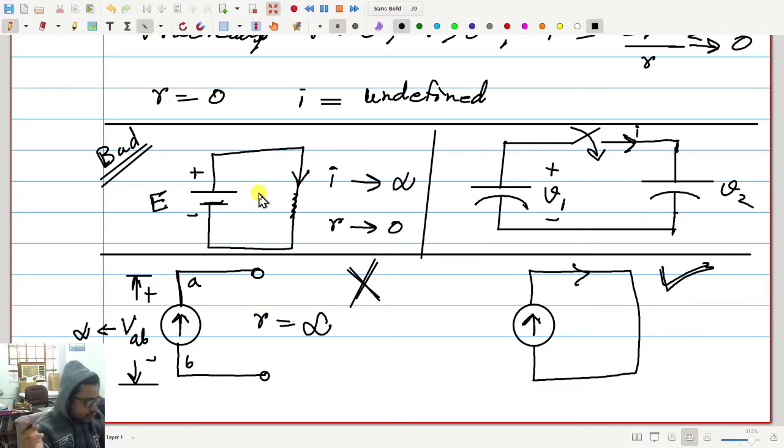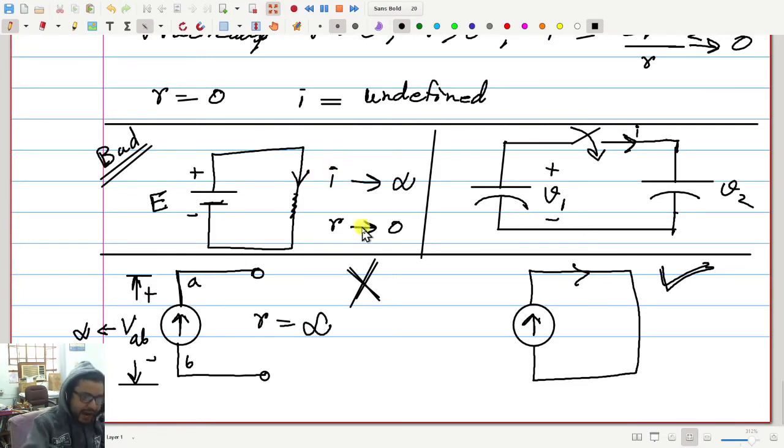But sir, in this case the current is infinite and R is almost zero. If we do I squared R, it will be infinity times zero, an indeterminate form. Then how can we say that it will be very high heat? It can be anything.